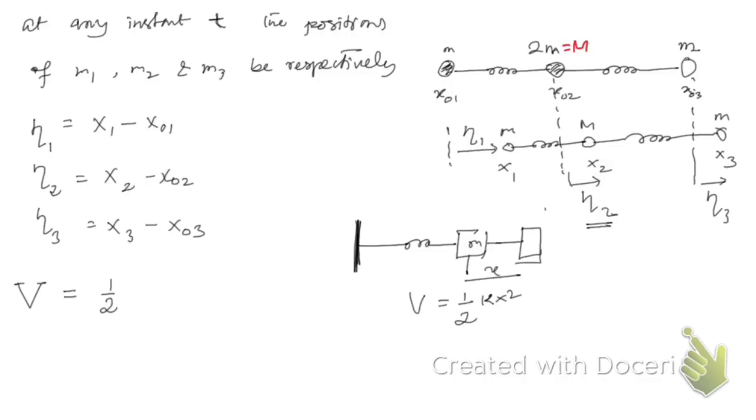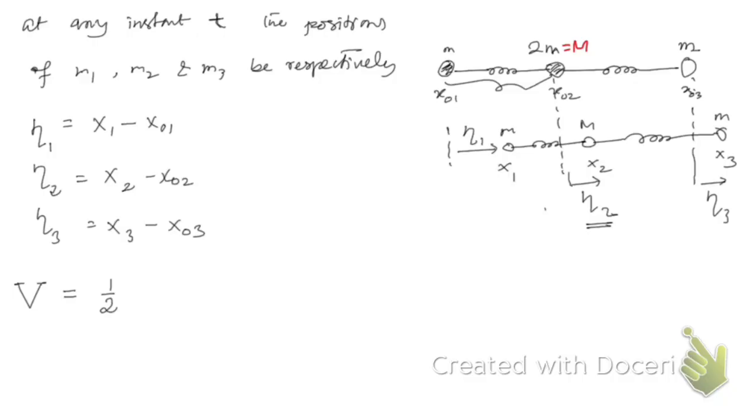If we apply that formula, but now instead of one object, we consider this system of two particles, these two spheres. In that case, you have to subtract these two displacements. So half k (eta 2 minus eta 1) whole square, then for the system of these two, half k (eta 3 minus eta 2) whole square.